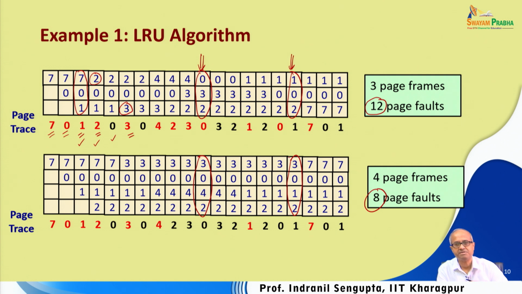So, it is a subset, because the least recently used pattern also will follow this stack property. You are taking the last few least recently used ones, and if it becomes 4, the 4th last also will come in addition to the first 3. So, it will be a subset naturally, right. So, LRU algorithm, basically the idea is like this.